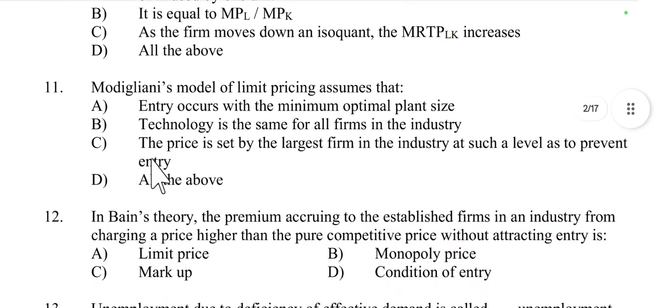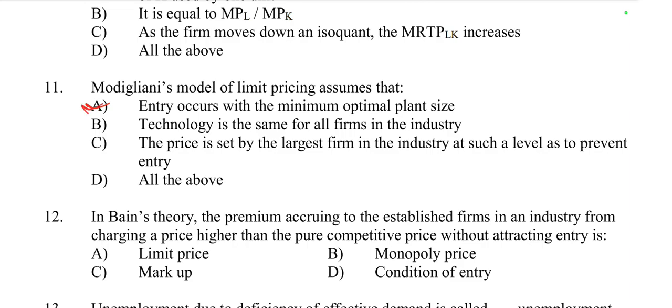Then question number 11: Modigliani's model of limit pricing assumes that, first, entry occurs with the minimum optimal plant size. This is right according to Modigliani's limit pricing theory, because the model assumes new entrants will only enter the market if they can operate at a scale where they achieve minimum efficient scale, thus competing effectively.